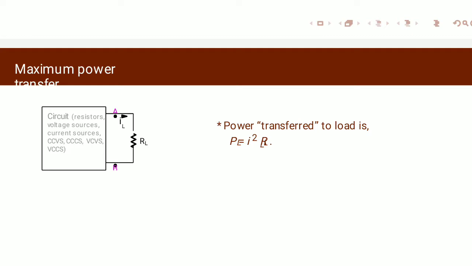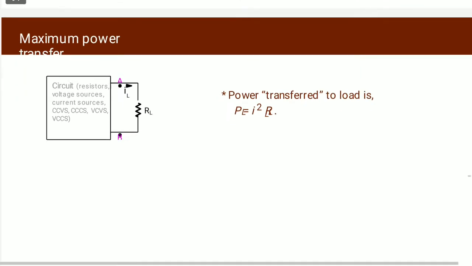That means the power transferred to the load we can say is PL. The current is IL and the load resistance is RL here. The power formula is PL is equal to I square RL.